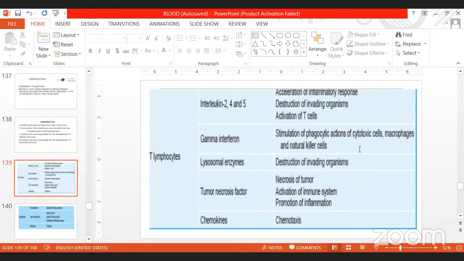Lysosomal enzymes help in the destruction of the invading organisms. Tumor necrosis factor helps in the necrosis of the tumor, activation of the immune system, and promotion of inflammation. And chemokines help in chemotaxis.